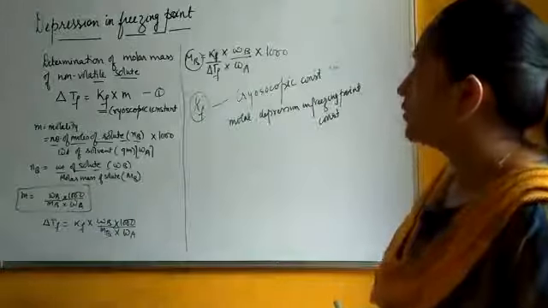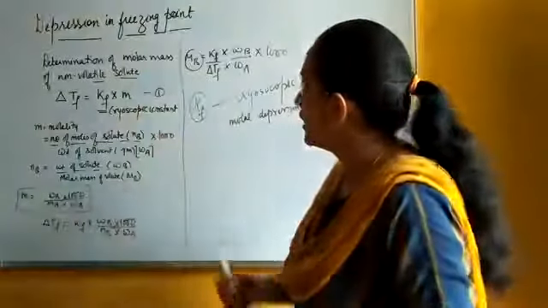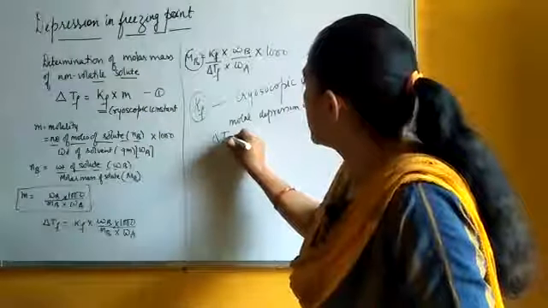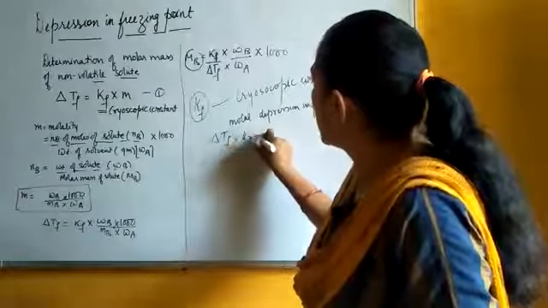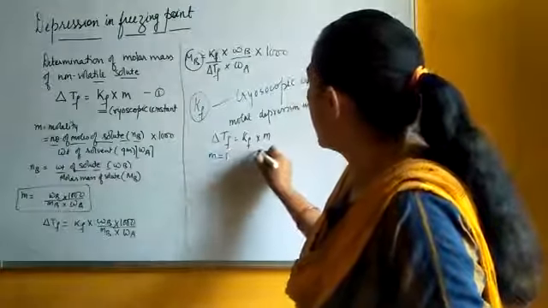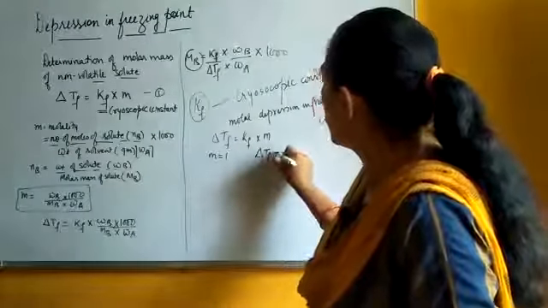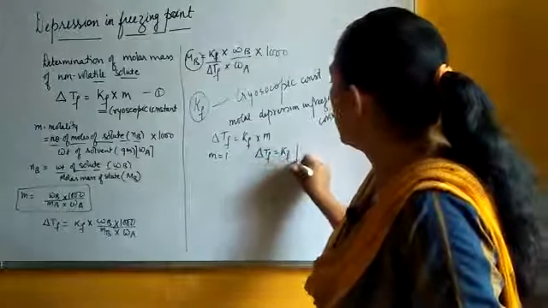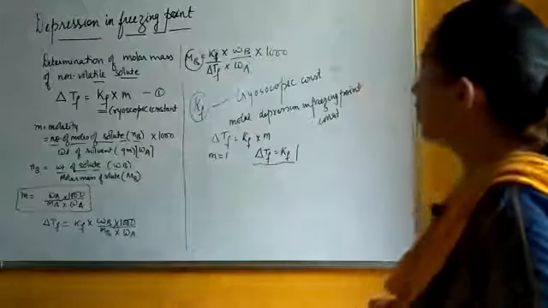Now how are we going to define it? You can see this relation, delta Tf equals Kf into n. If n equals 1, students, at that time delta Tf will be equal to Kf. This is enough to define the cryoscopic constant.